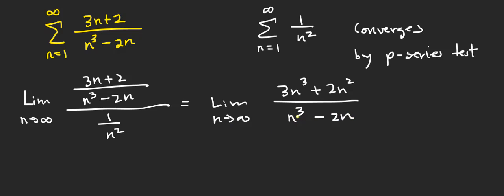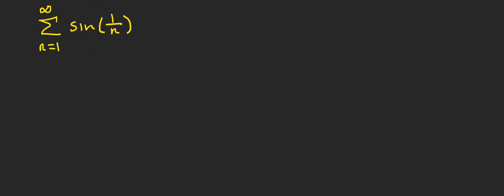As n goes to infinity, they have the same degree. Let's compare the coefficients. You get 3. Or you could apply L'Hopital's rule and you will get the same result. 3 is positive and finite. So what can we conclude about this series? They both have to converge because this series converged. So by the limit comparison test, this infinite series converges. Now let's take a look at this infinite series.